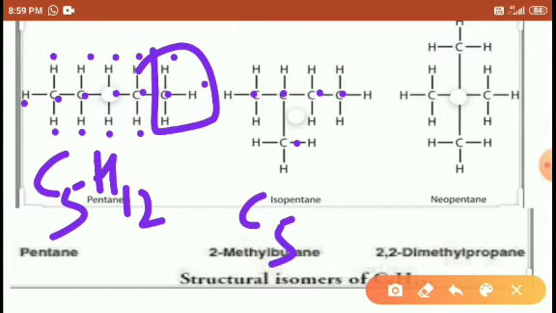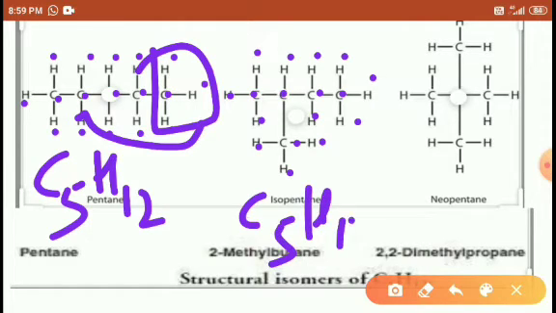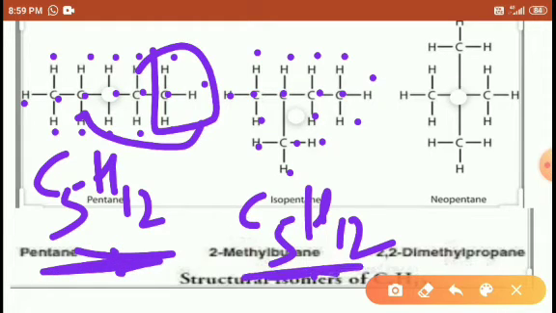How many hydrogens? 1, 2, 3, 4, 5, 6, 7, 8, 9, 10, 11, 12. 12 hydrogens. C5H12. And 5 carbons, this one substituted in the second position. Now hydrogens: 12 hydrogens. Right. Molecular formula is the same, C5H12, C5H12. But the writing style is different here.